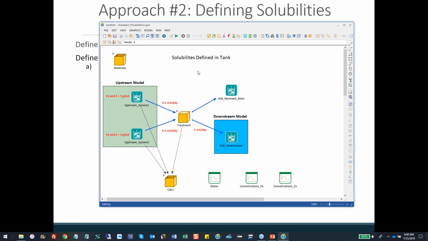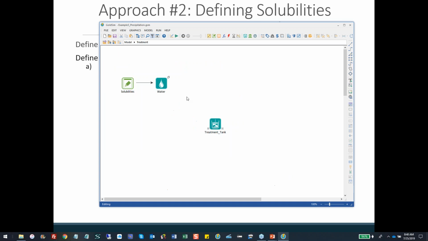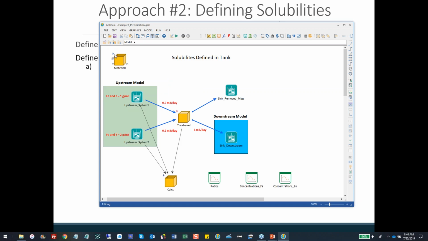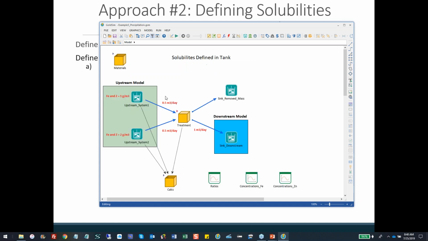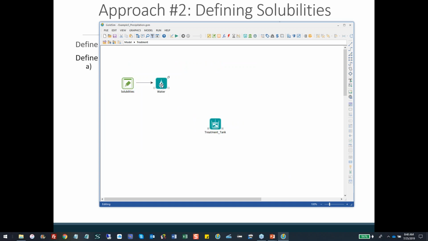This allows us to basically define a global solubility and then a local solubility right here. It turns out that this is a clone. So I can't define two elements named water, but I can define a clone. I've actually cloned this element, which is a kind of advanced feature of GoldSim, to exist at this location.